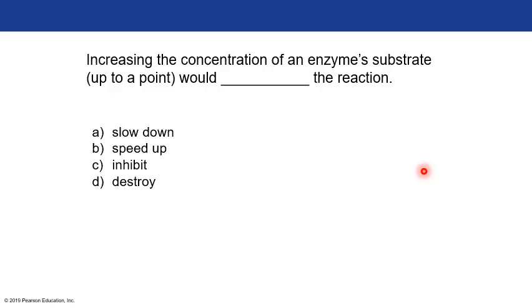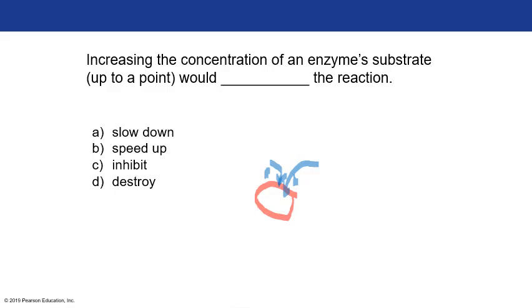All right, let's see here. Increasing the concentration of the enzyme's substrates, those are the reactants, up to a point would do what to the reaction? Now you have to think about it. You have your enzyme with its catalytic site, and here you have your substrates that have to actually get into the enzyme, to the catalytic site.